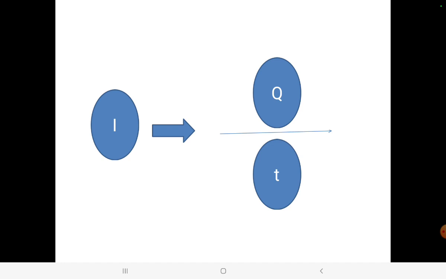If the electrical potential is supplied, then there is a movement of electrons. The switch will allow us to move the current, that means to close or open the circuit.